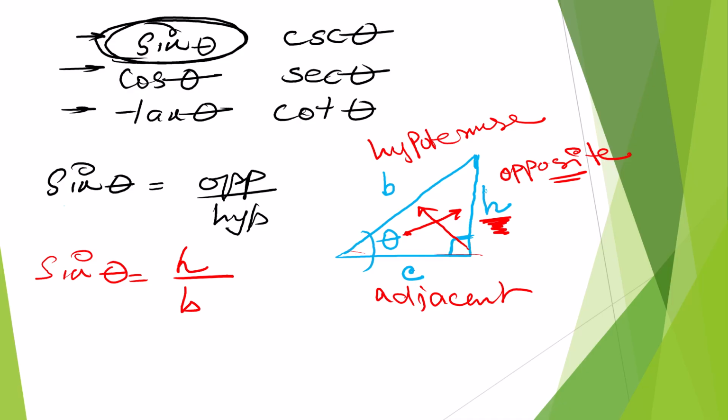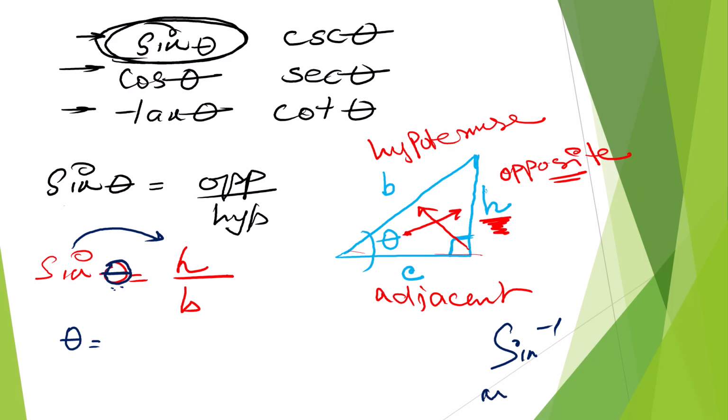Now from here I want you to find the value of this theta. In order to find theta, I have to bring the sine here, so I take the inverse of the sine. The inverse of sine is written as sine inverse like this.